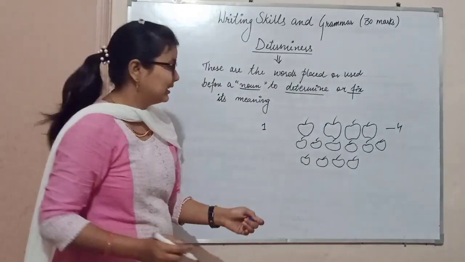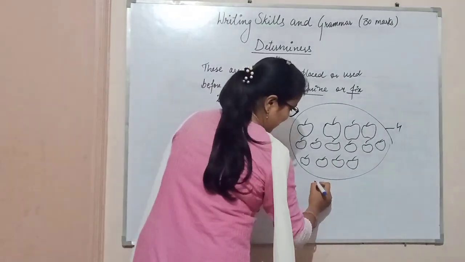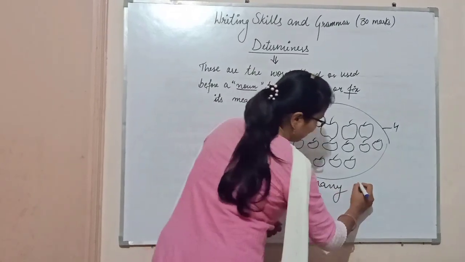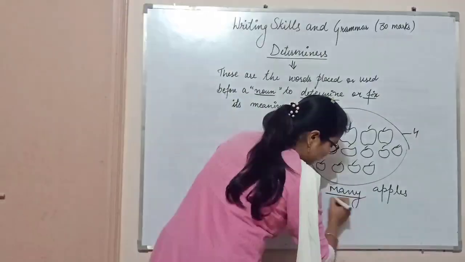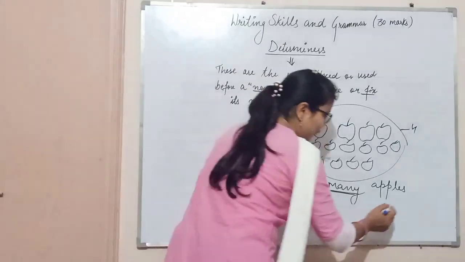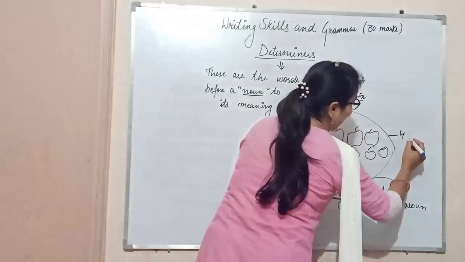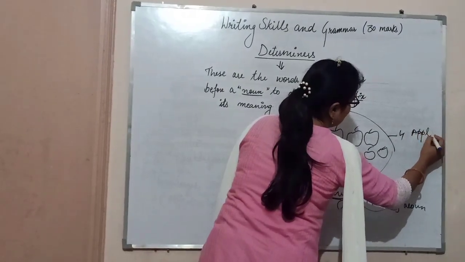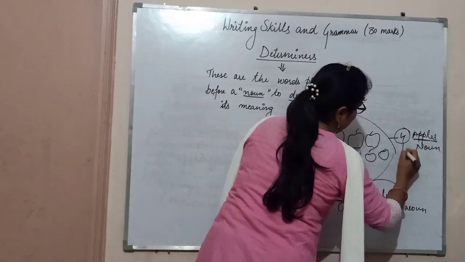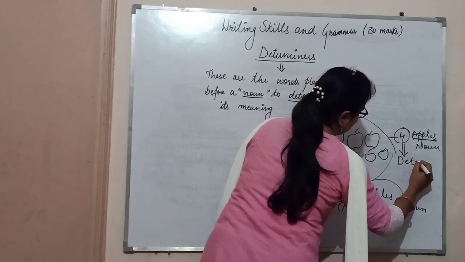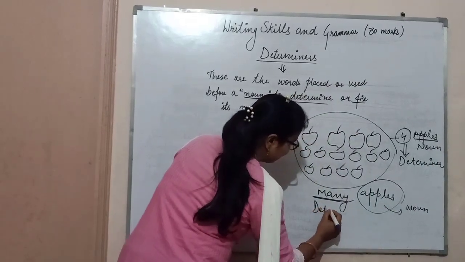Now, we can say it as many apples. So, what we have used is many before the apples, and these apples are nouns. Four apples. This four is before a noun. So here it is a determiner. And here it is also a determiner.